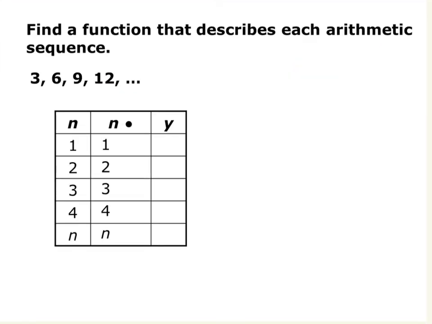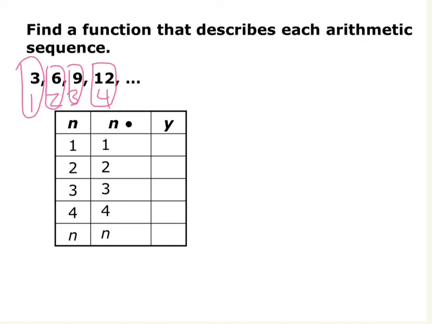Alright, let's take a look at our last one here. Again, remember, we're looking at the number that these things occur in the sequence. Okay, so 3 is the first one, 6 is the second one, 9 is the third one, 12 is the fourth. Let me circle those for you. Okay, so we need to ask ourselves, what are we doing to 1 to get it to equal 3?